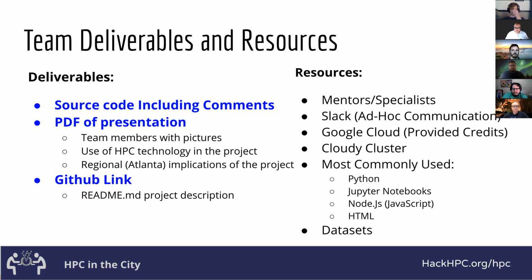And all of those things should reside within a GitHub repository that your team creates with a readme.md, a readme markup file that gives a project description. More information on how to do that was given in a previous training session.